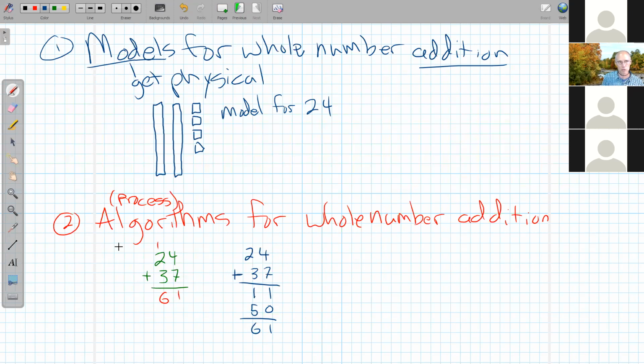So we're going to give this green and red one a name. We're going to call it the standard algorithm because this is what's most standard in the US. Standard algorithm. This one right here is often referred to as an expanded algorithm. So if I say, hey, show me the expanded algorithm for addition, it means do this. And we'll talk more about that.